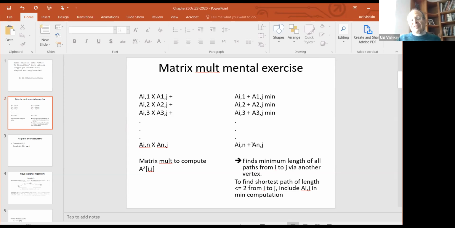Now, since I computed all of this, I can ask myself the next question: how to compute the shortest distance of at most 4? So think about it.